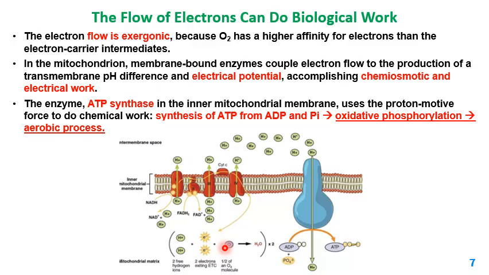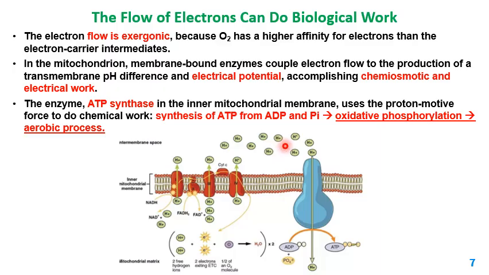But something has to pick them up. Your ultimate electron acceptor is going to be oxygen, and you're going to reduce the oxygen to make water. Remember, oxygen is very electronegative, so you need something that is very powerful to suck up those electrons to make water. Okay, so after complex 4 is when you have the formation of water.